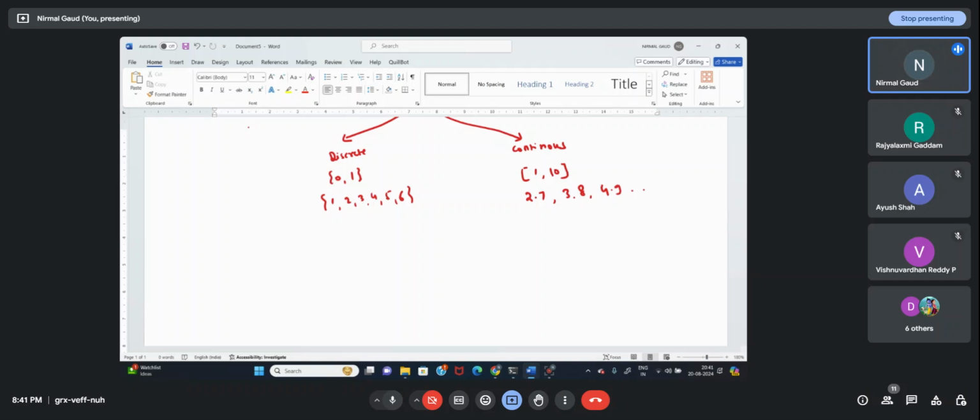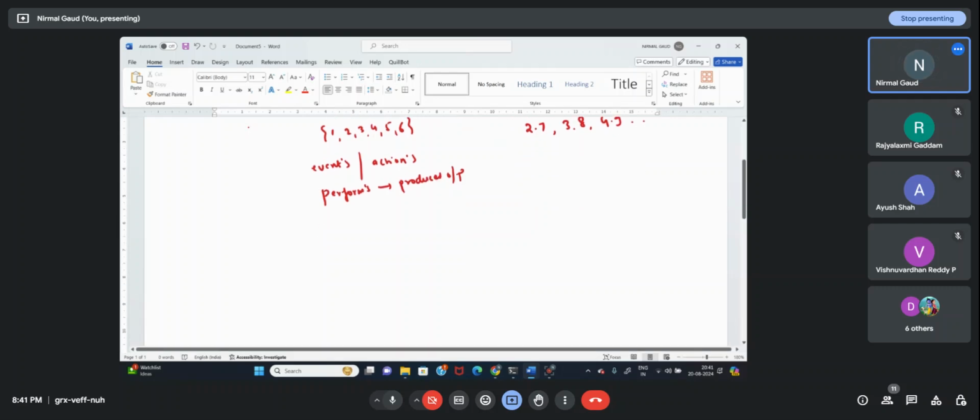We have events, actions, which are performed and produce output. One more thing, these events, actions, and the production of output are random, they are uncertain.